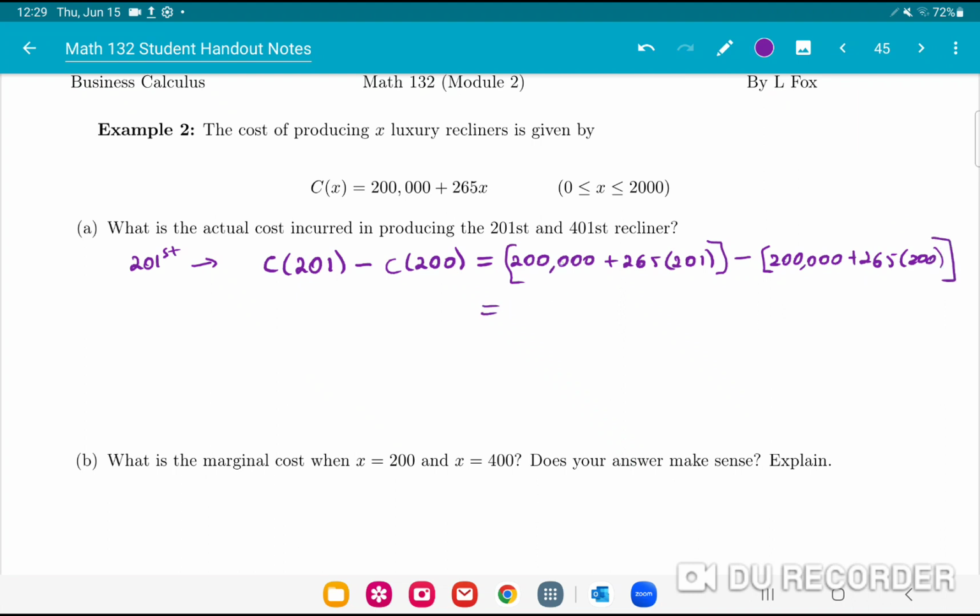But I can tell you that because this 200,000 cancels out and 200 copies of 265 cancel out, the final answer is $265. So to produce that 201st unit, the cost is 265.